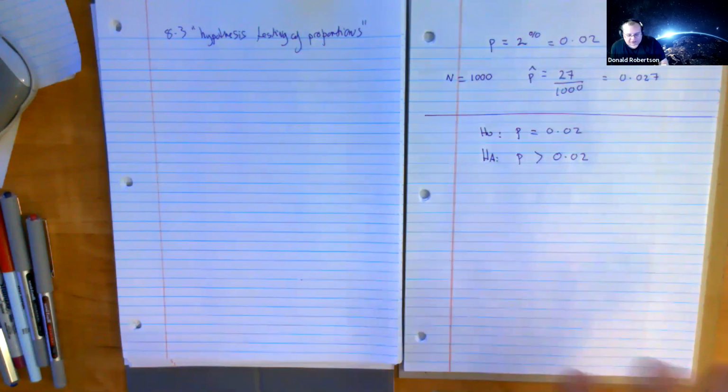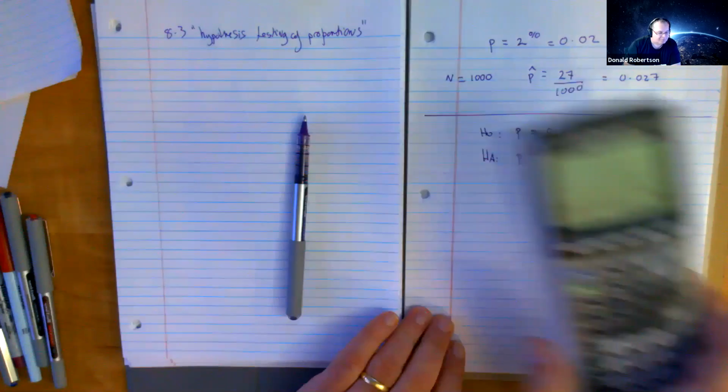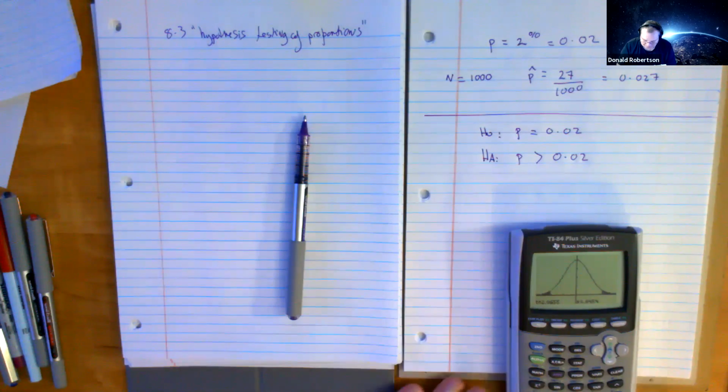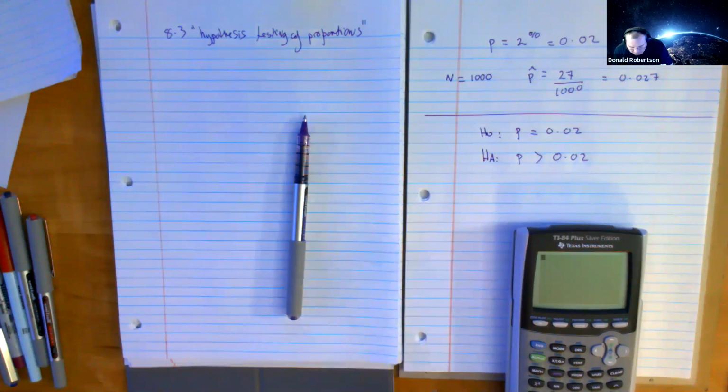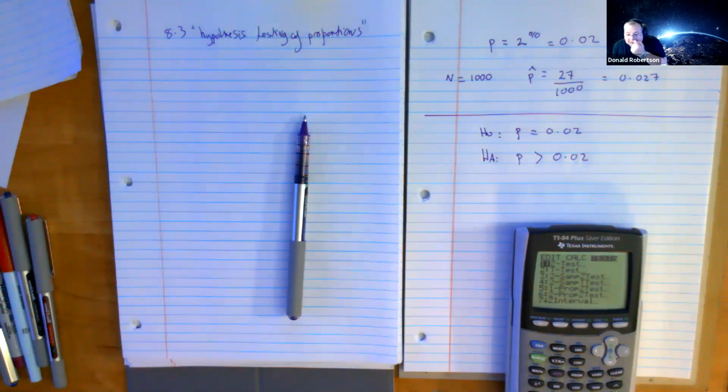And we could do all the calculations, but we're not. We're going to get the calculator to do it all for us. So I'm going to hit start. I'm going to go over to tests. And now I have to find which test to use. It's on that screen.